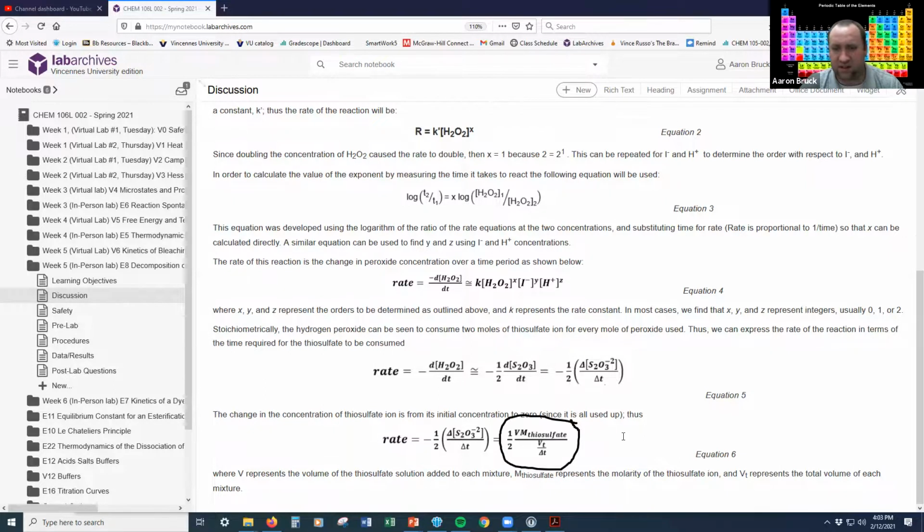So this is 1/2 times volume of thiosulfate multiplied by molarity of thiosulfate divided by the total, and then all of that is divided by the change in time.